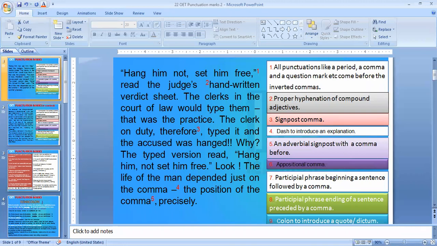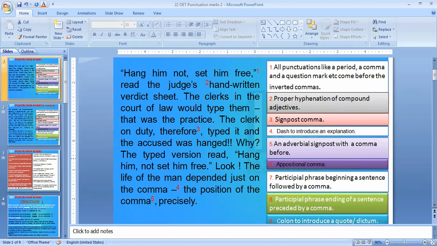Number 1 says all punctuations like a period, that is full stop, a comma, and a question mark, etc., come before the inverted commas, which we saw in the last session on Wednesday. Number 2, handwritten, proper hyphenation of compound adjectives. Number 3 is the comma before therefore. What is therefore? That is signpost or connector.